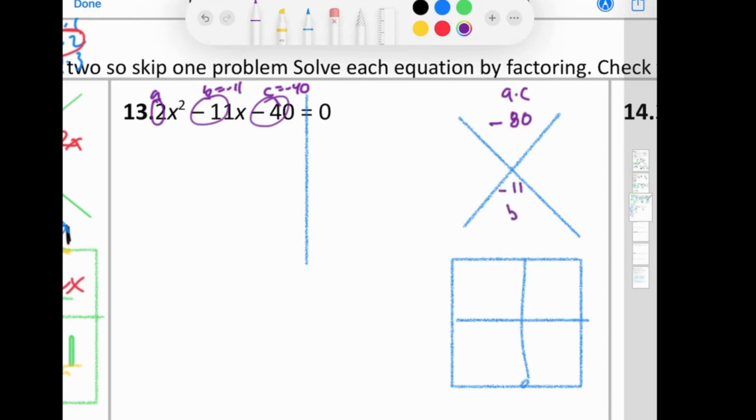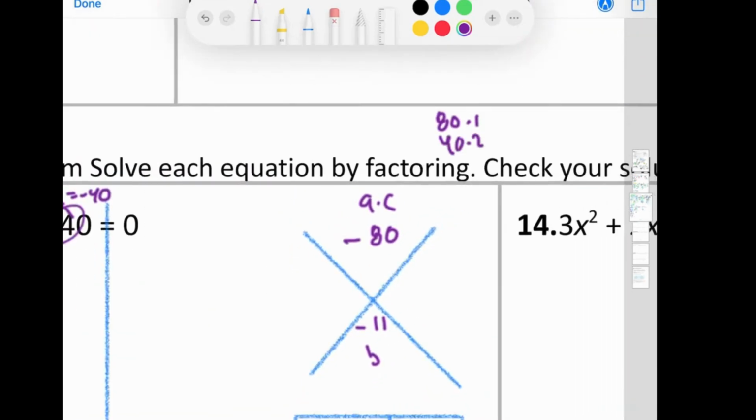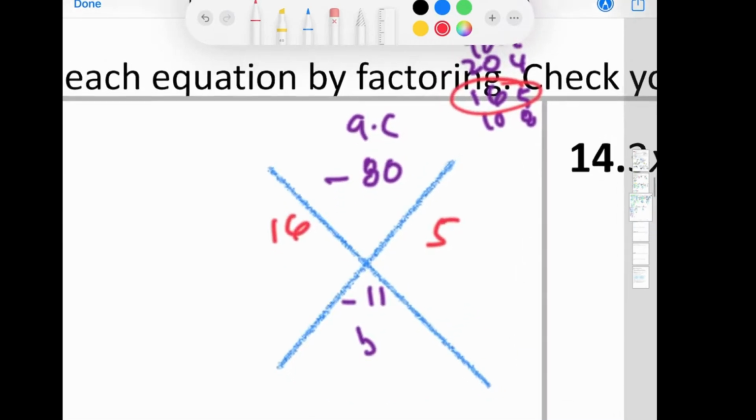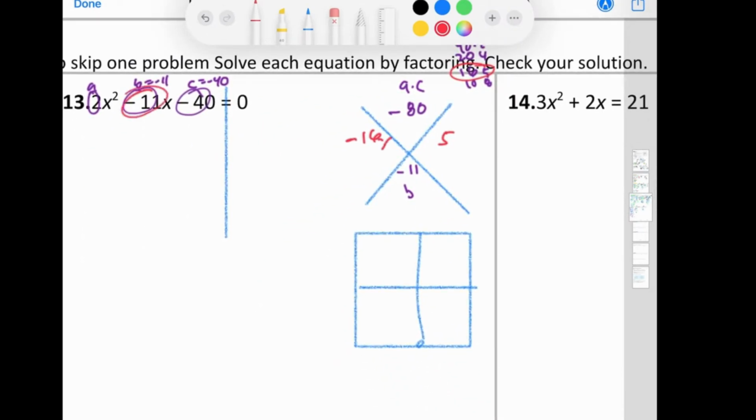So let's write down the factors. 80 and 1. 40 and 2. 4 and 20, 5 and 16. 8 and 10 if you need it. 16 and 5. What two numbers will multiply to -80 but add to -11? So that'd be -16x, 5x, 2x squared.